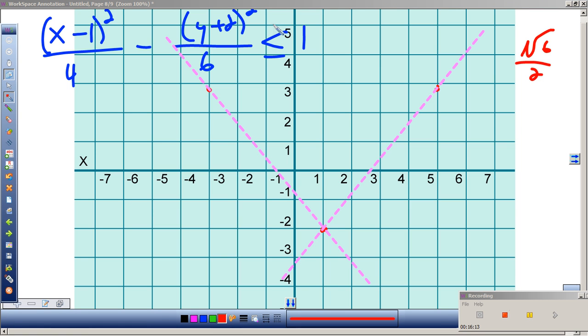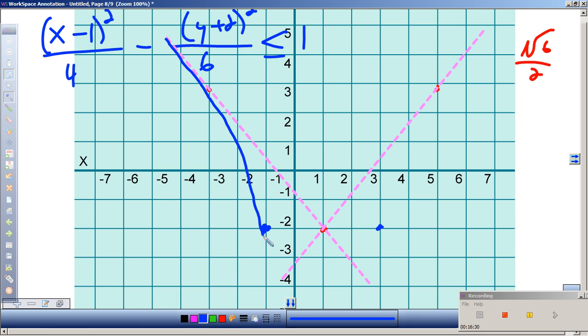Is it vertical or horizontal? Horizontal, and right and left 2 units. Is this going to be a solid or dashed line? Solid. So we know it's coming in here to that point and then going back out.